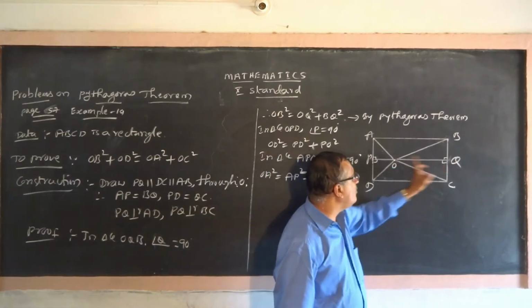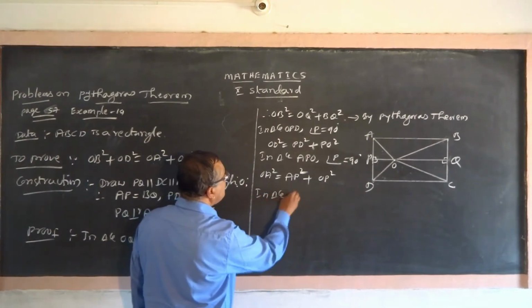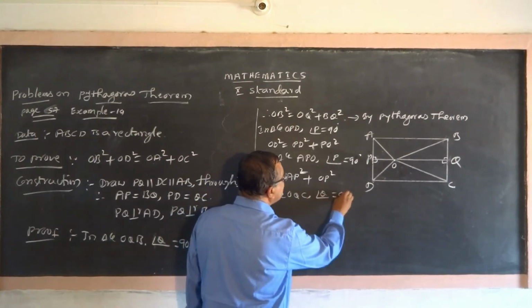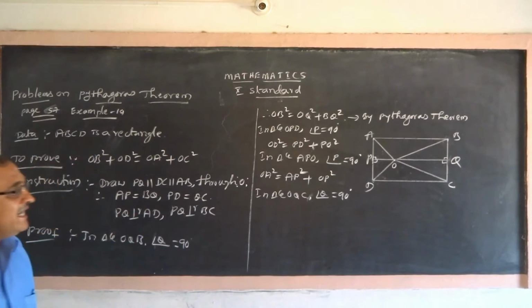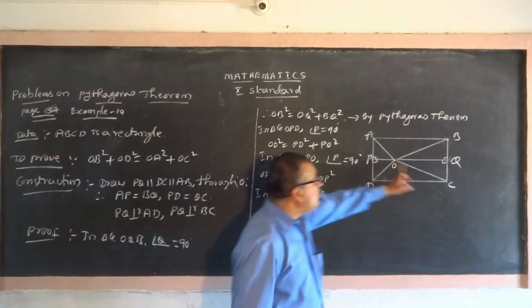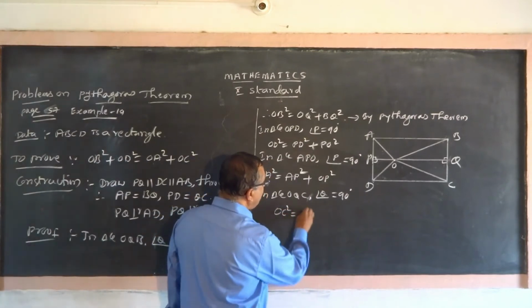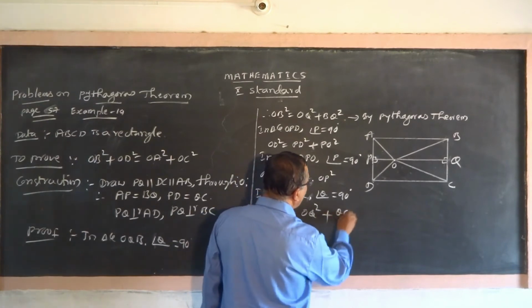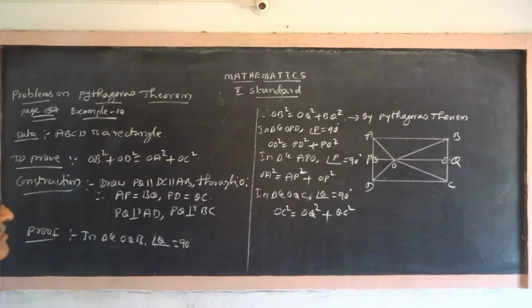Take this triangle OQC. In triangle OQC, angle Q equals 90 degree. Then OC square equals OQ square plus QC square.